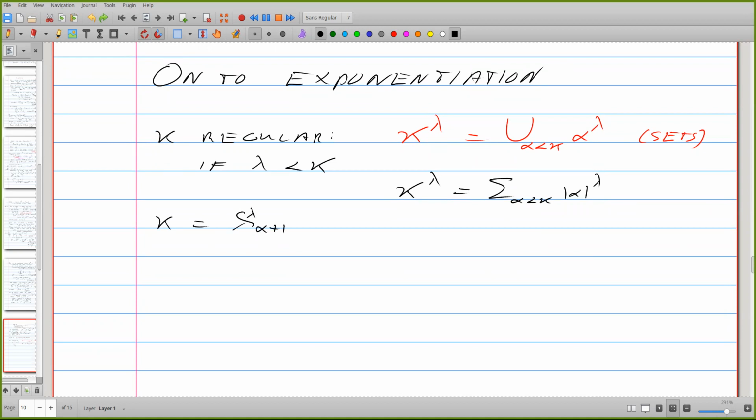Suppose kappa is a successor, Aleph alpha plus 1. Then what do we get? Then kappa to the lambda, and say lambda is Aleph beta, because that is what we're going to be looking for.